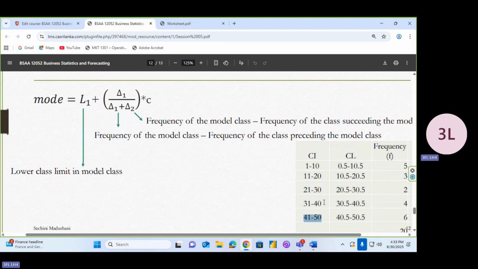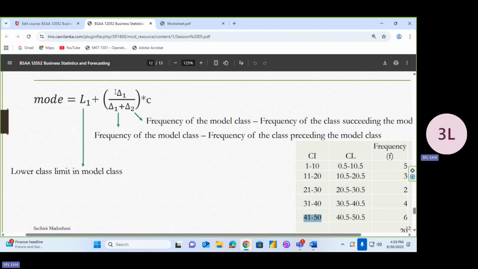Here the modal class is 41 to 50, so you can write down 40.5. Then C means, now you know, the size of the modal class. Here you need to find out the mode, so you have the modal class, then you find out the size. What is the size here? 10. Up to that point clear?